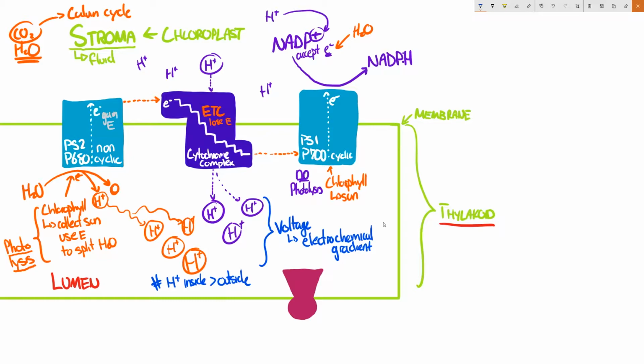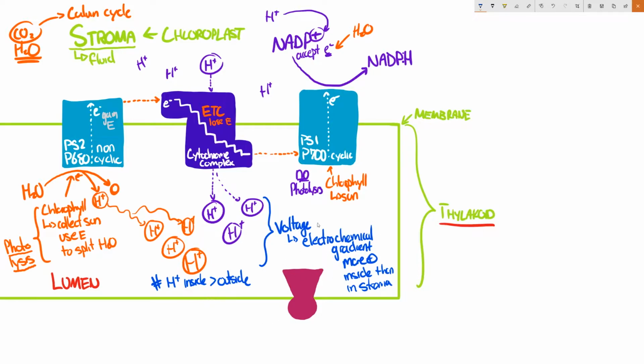So now it is more positive inside than in the stroma. Remember, this is all in the lumen. So it's more positive inside the lumen than it is outside in the stroma. So they're going to go somewhere. They're going to travel down the gradient from high to low.